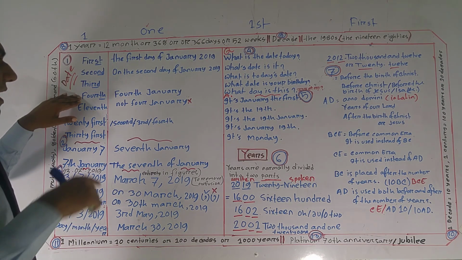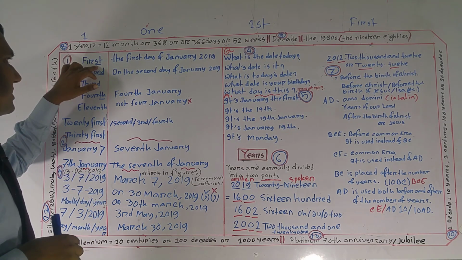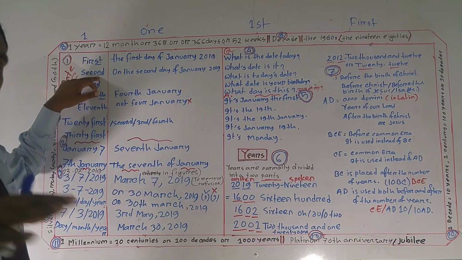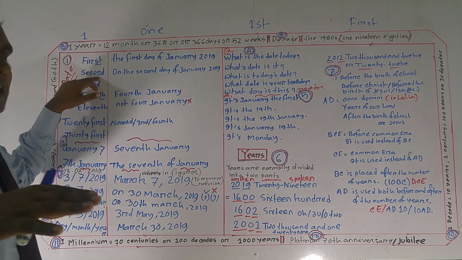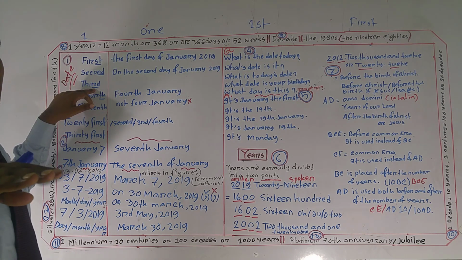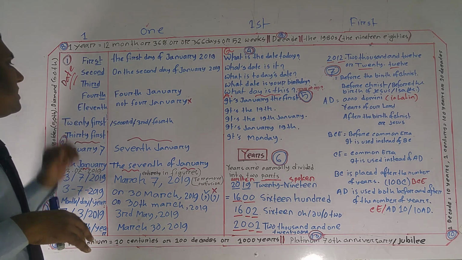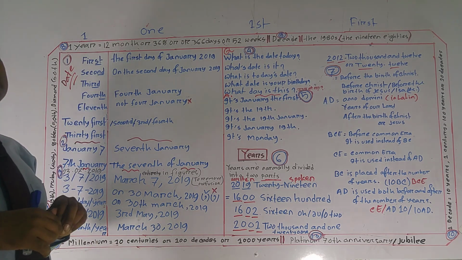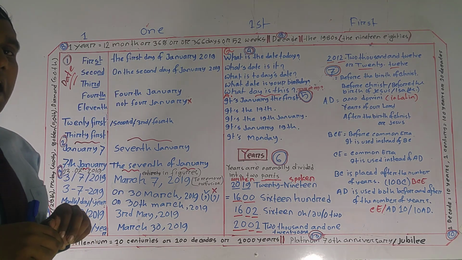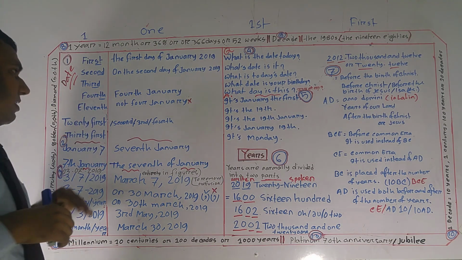Fourth. In the same way, at the end of first you'll find st, at the end of second you'll find nd, and at the end of third you'll find rd. After third you have to write fourth, fifth, sixth, seventh, eighth, and in this way you have to complete this part.